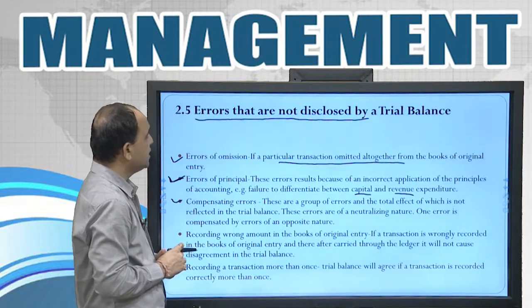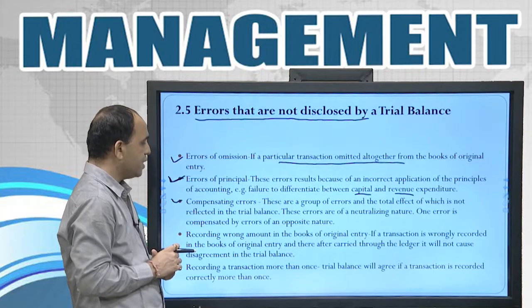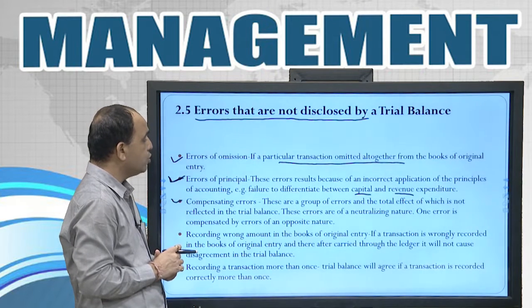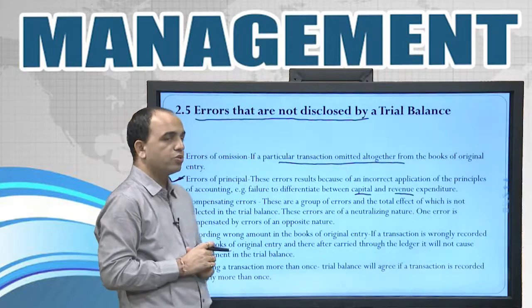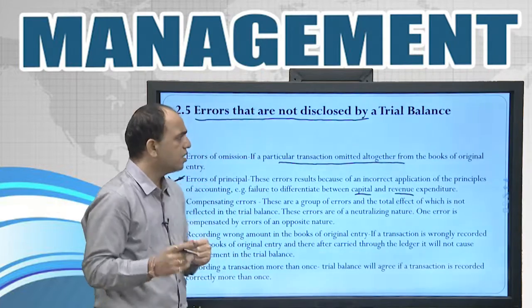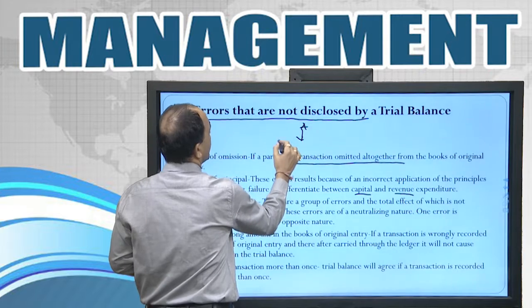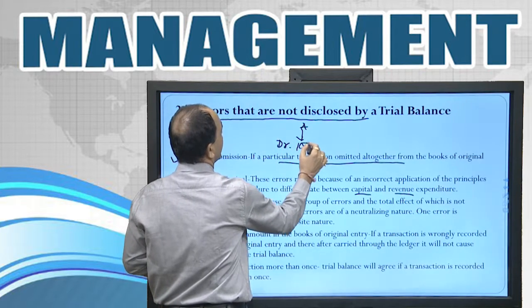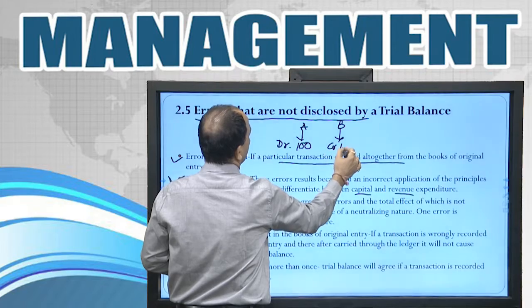Compensating errors. These are a group of errors, the total effect of which is not reflected in the trial balance. These errors are of a neutralizing nature. One error is compensated by errors of an opposite nature. As I said, A's account should be debited by rupees 100, B's account should be credited by rupees 100.